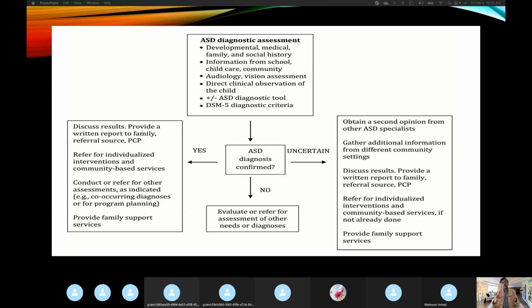All autistic children should have audiometric assessment and visual assessment by an optometrist. Direct clinical observation of the child is essential, and autism spectrum diagnostic tools, which I will tell you in short time, are important as well.